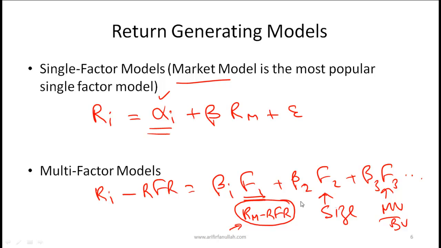I really don't think you'll be tested too heavily on this concept because it's covered in a lot of detail in Level 2. All you really need to know is that multi-factor models are somewhat complex. They are used to come up with the expected return or the required return of an asset, and they depend on several factors and the betas for those factors.